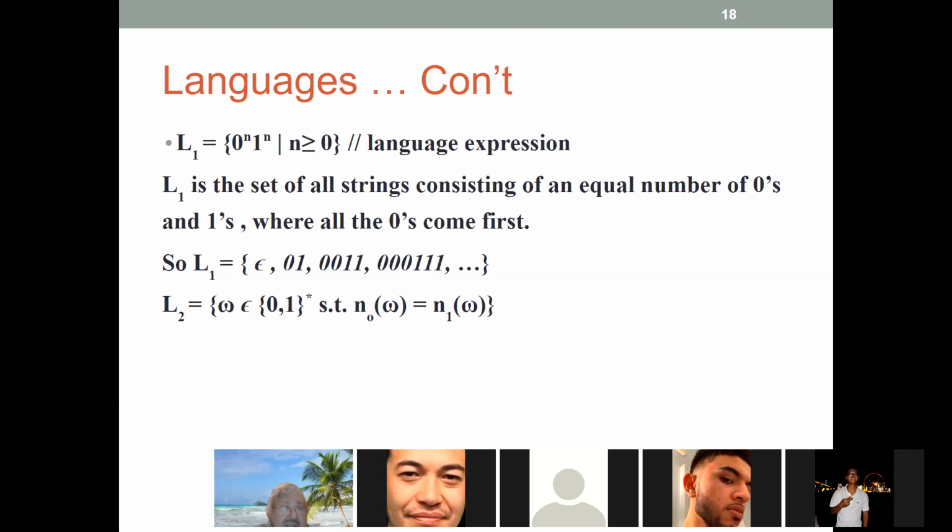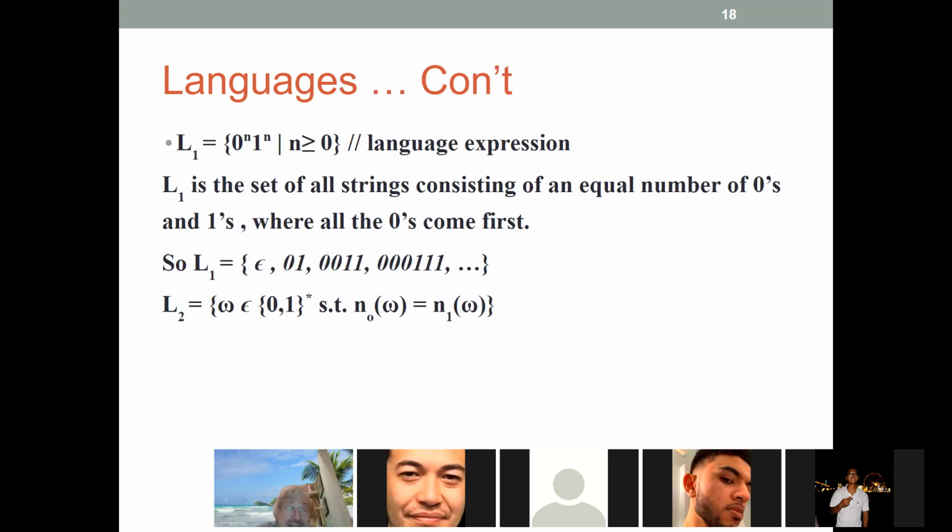L1 contains the same number of zeros and ones, and each string in L2 contains the same number of zeros and ones. What's the difference? Maybe that question's too easy. Some of you cheated and clicked your own machine since you have copies of these notes. So you're embarrassed to answer such an easy question.